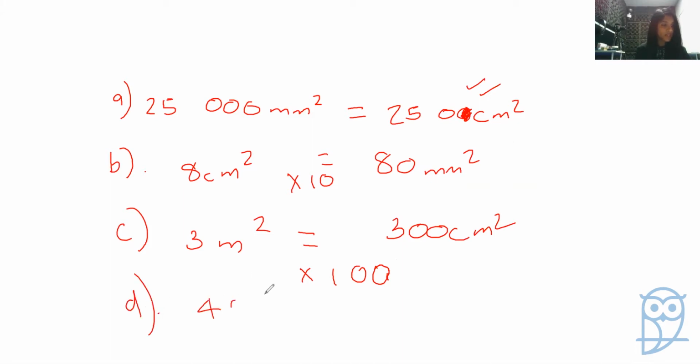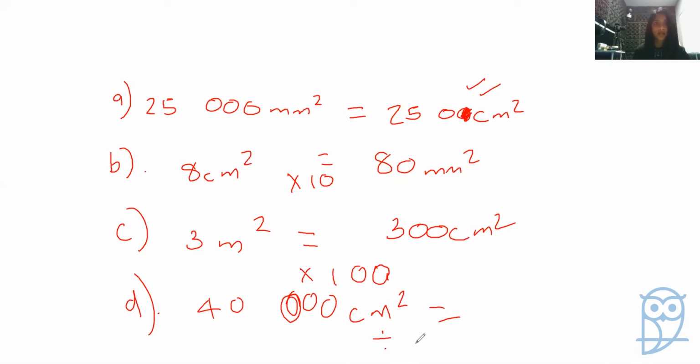Then 40,000 centimeters square is equal to, what will 40,000 centimeters square be if I need to convert it to meters square? What must I do? I'm going to divide, and what will I be dividing by?